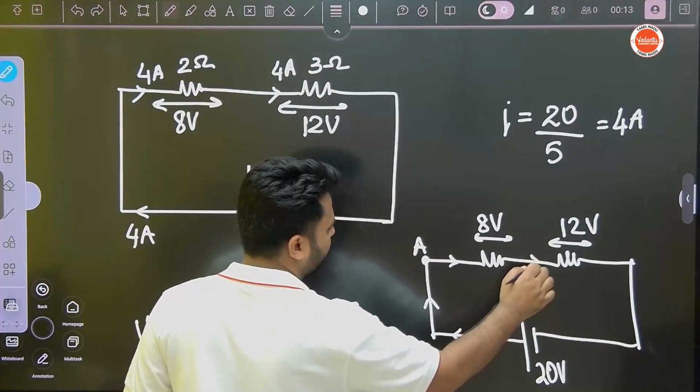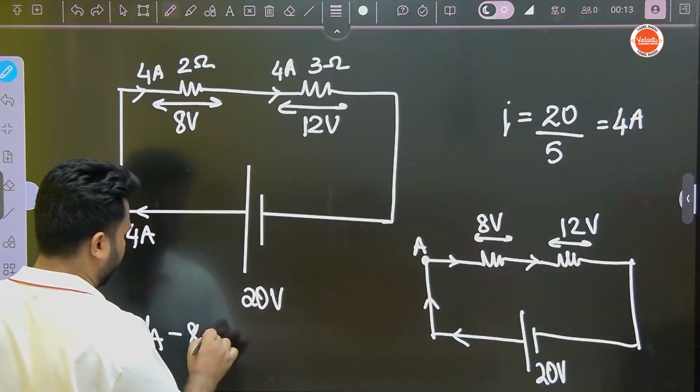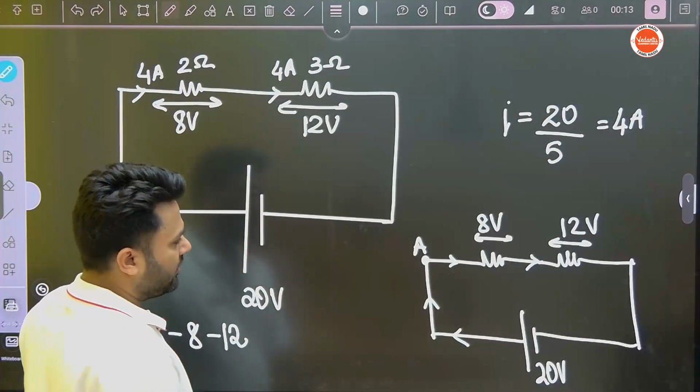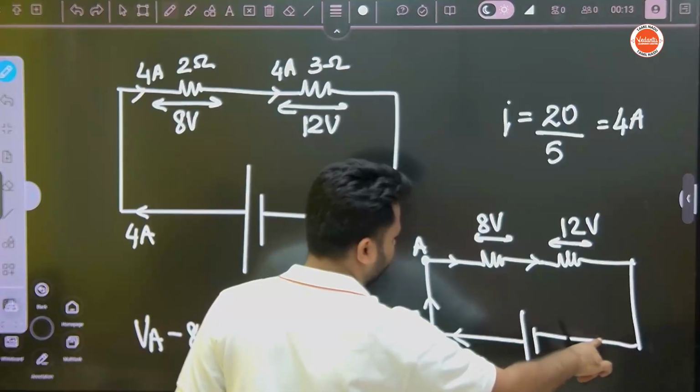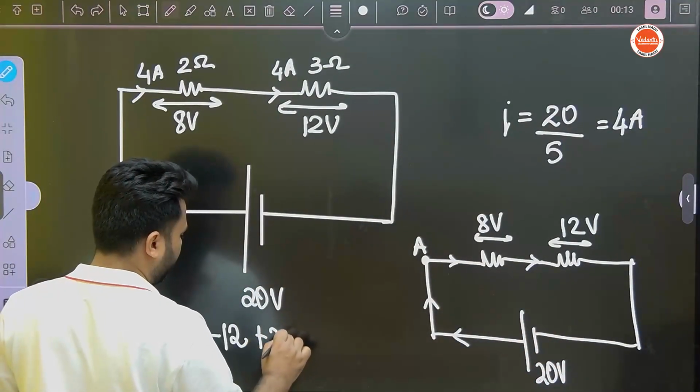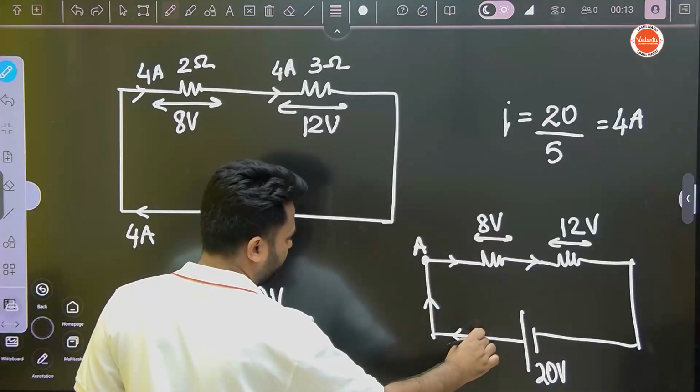Again current is like this, so going from high to low, so subtract. Again I am going like this, from low to high, add plus 20. Now I reached here.